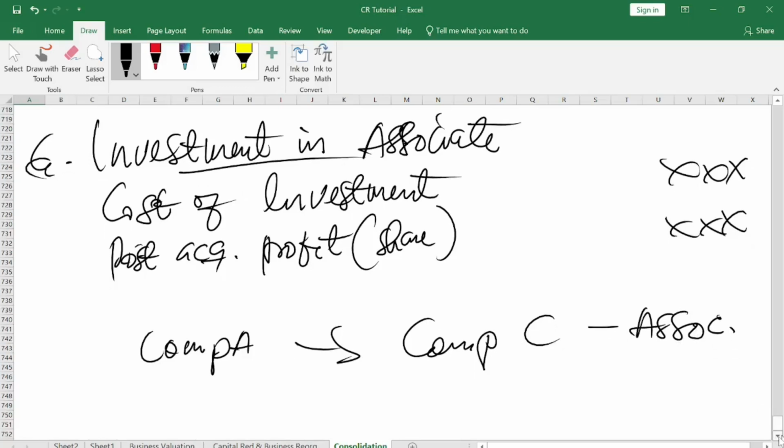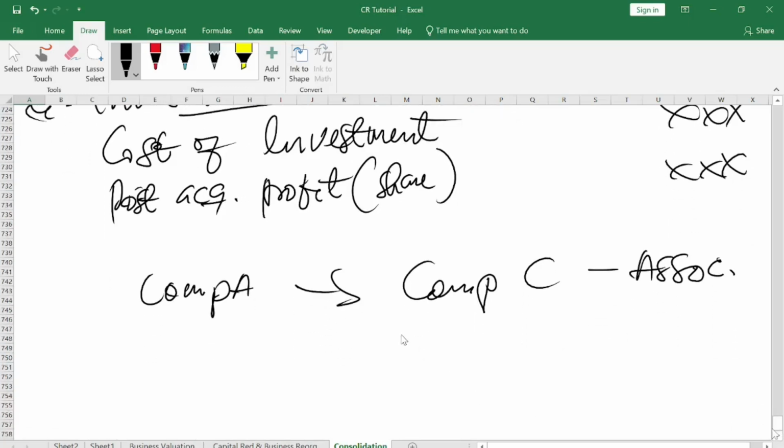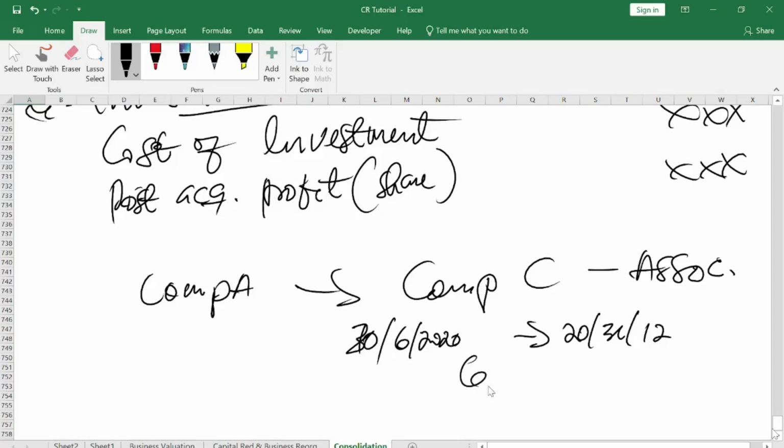Maybe they acquire the company on 30th June 2020, and at the end of the accounting year, 31st December 2020, how many months have they been associates? 6 months.